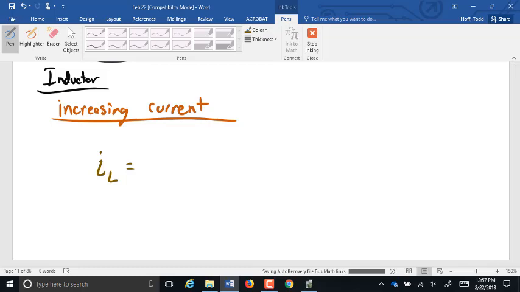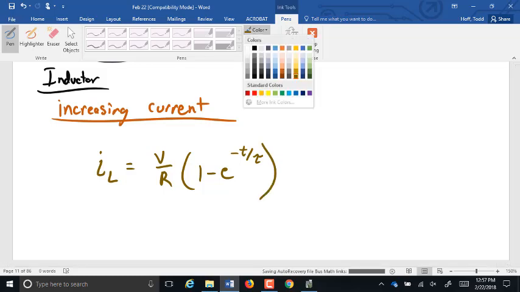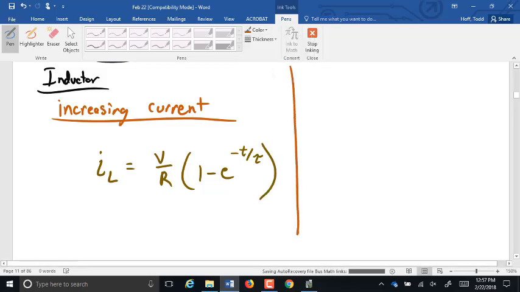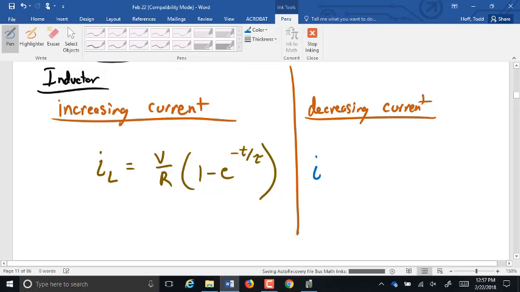So it's your voltage over your resistance, that would be your maximum current flow, times 1 minus e to the negative t over tau. Decreasing current, current on the inductor, V over R times e to the negative t over tau.